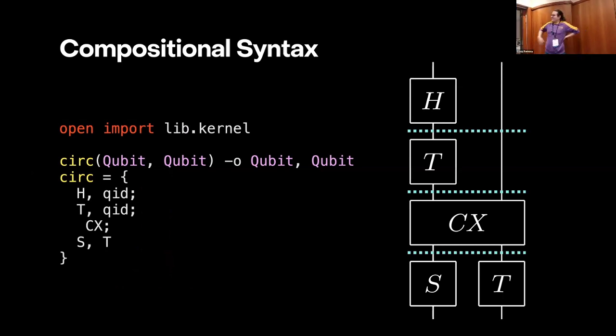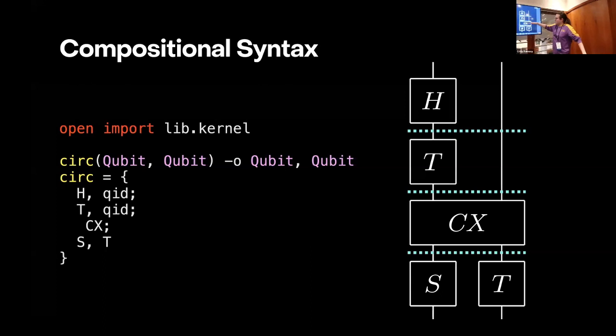So this is also a commonly used way of representing circuits, not as much as the first one, but when we're reasoning with them as monoidal categories, then we have composing vertically, which is what the semicolon is doing here. It's composing functions, feeding their outputs into the inputs of the previous thing. And we're composing horizontally in the state space, the tensored state space of the qubits.